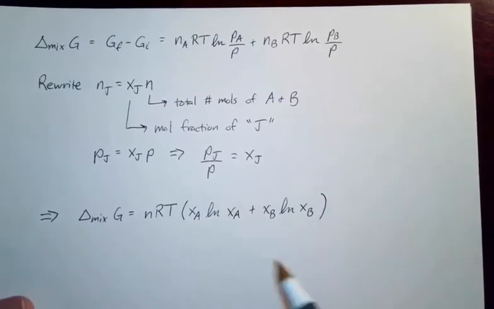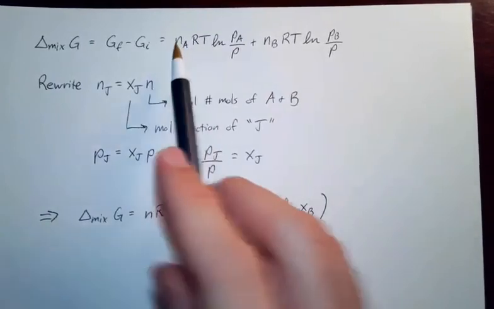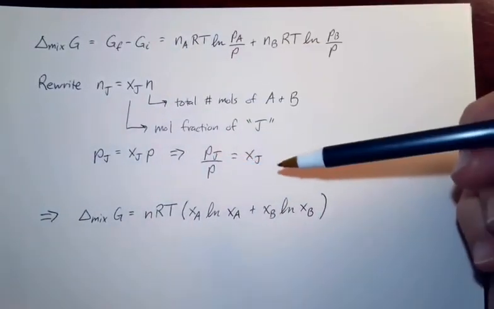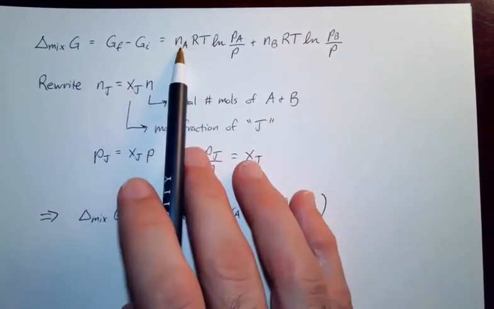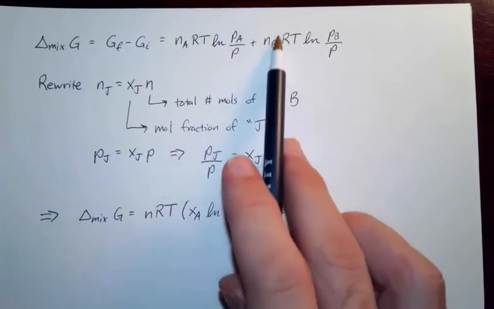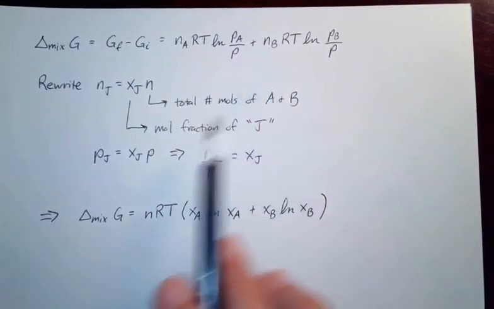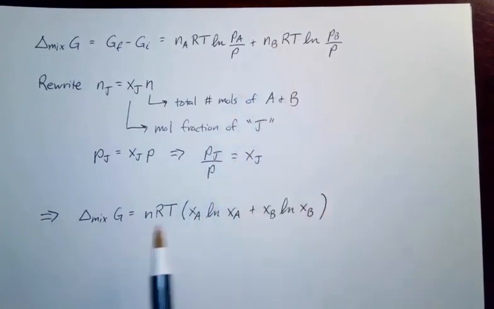All right, so making all these changes, we get this simpler formula. The NA became XJ N, so it became XA N. So there's my XA. The N I factored out because I also got an N over here when I converted NB into XB N. So the N factored out.